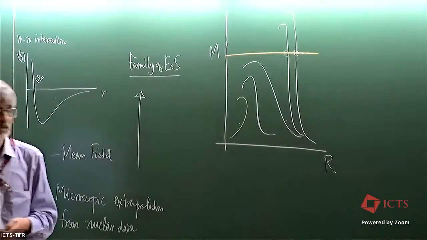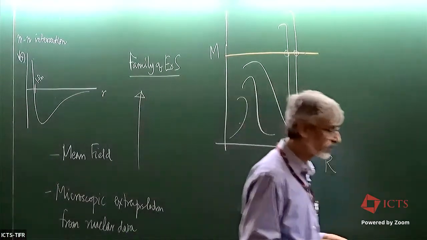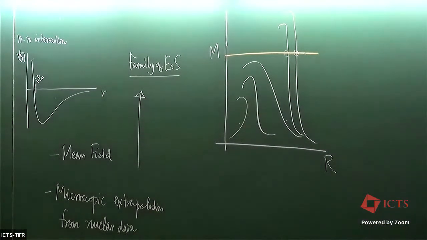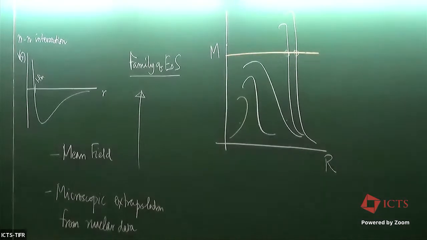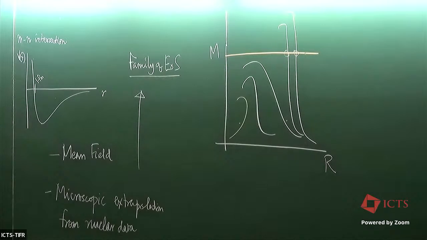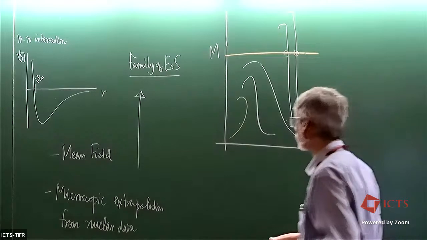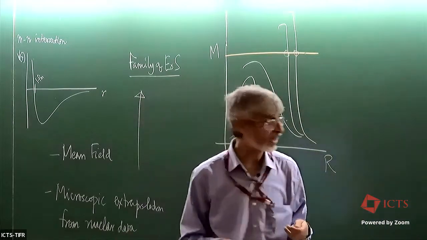We will look at also constraints that come from, let's say, thermonuclear X-ray bursts, which occur on the surface of neutron stars, when I talk about some phenomena in binary systems.